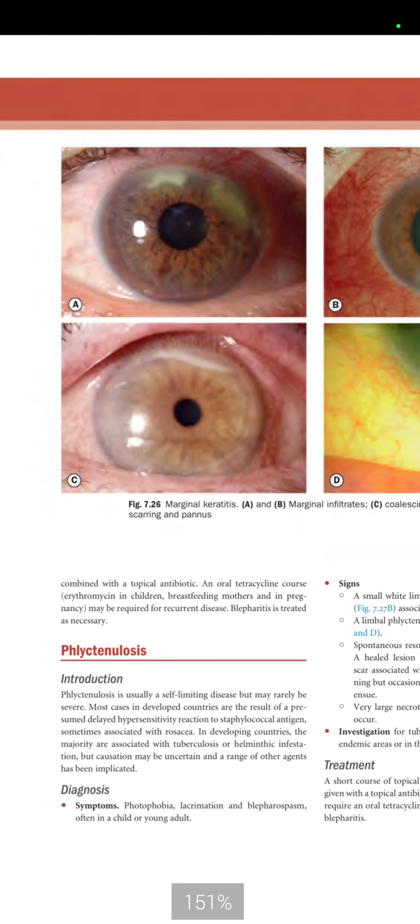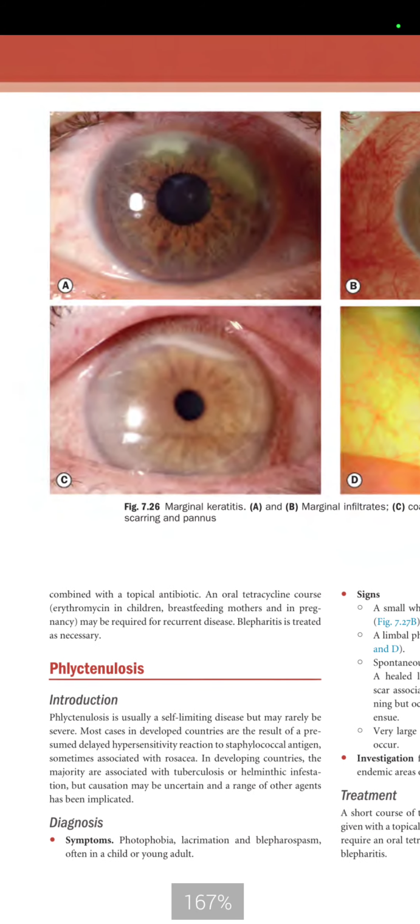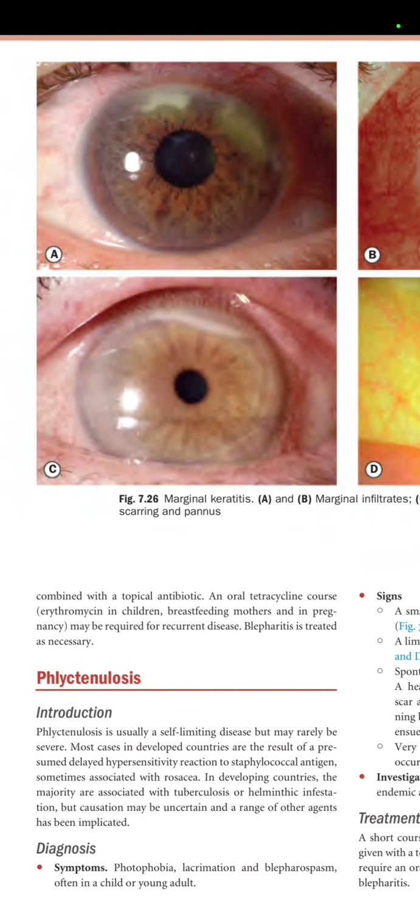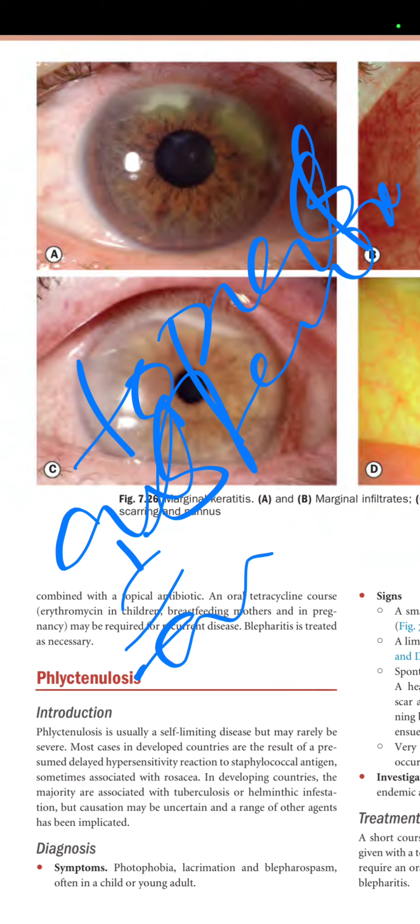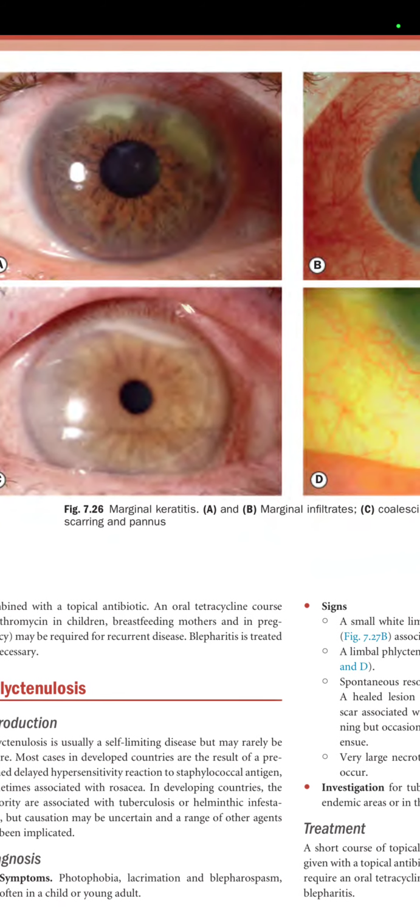Sometimes combined with topical antibiotic and an oral tetracycline course, erythromycin in children, breastfeeding mothers and in pregnancy, may be required for recurrent disease; prophylaxis is treated as necessary. So the mainstay of treatment is topical steroid plus or minus antibiotic, and oral tetracycline is given because it has an anticollagenase effect.